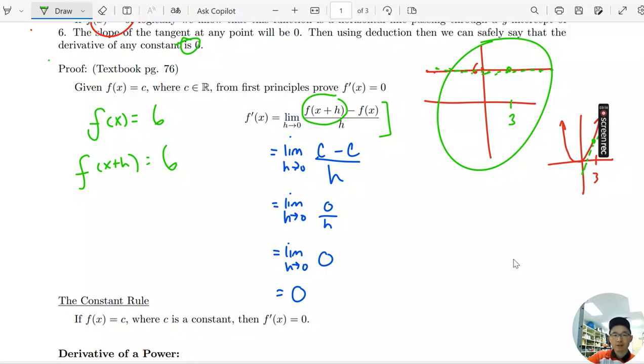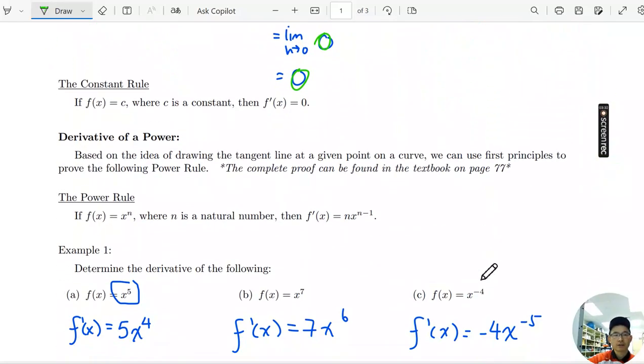So here we end up having just 6 minus 6. Or in this case, because we're using the general case of any number c, then we end up with just c minus c. Well, c minus c is 0. 0 divided by anything is 0. So then the limit is just 0. Okay, so in other words, the derivative of any constant is 0.